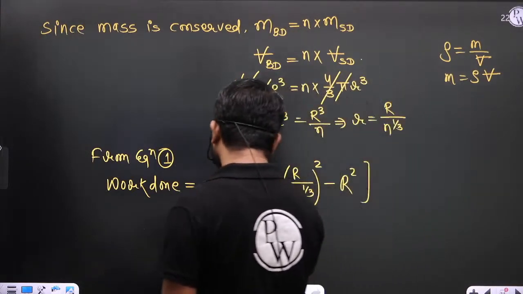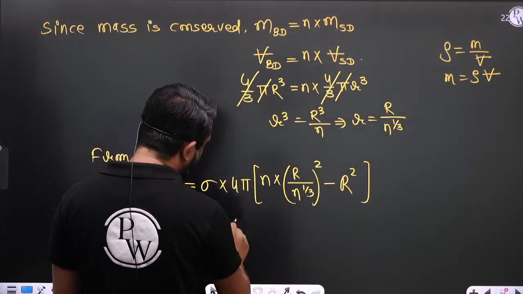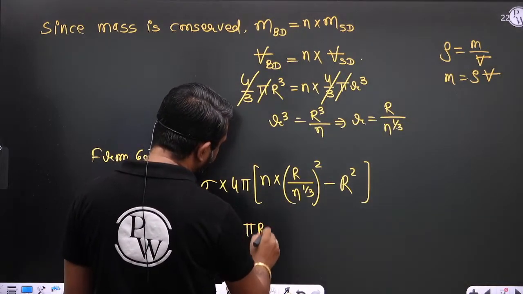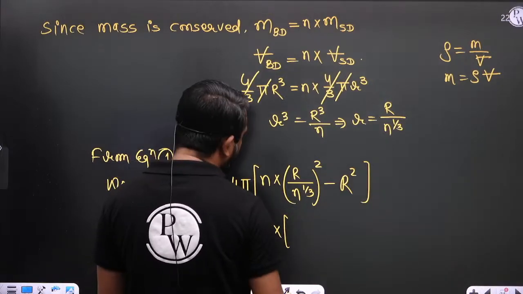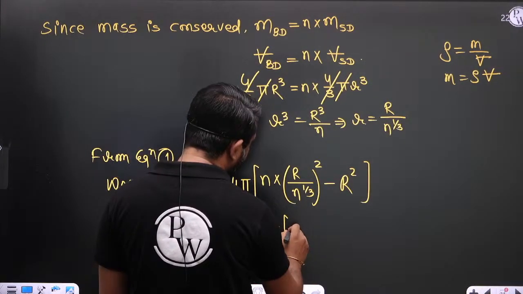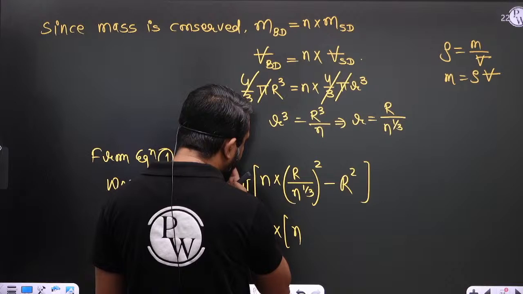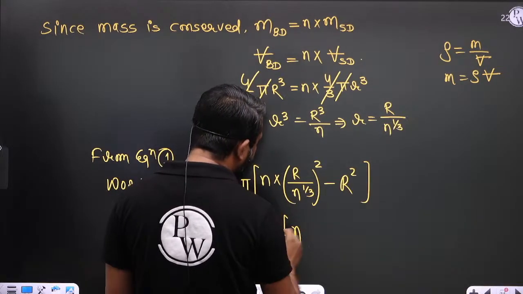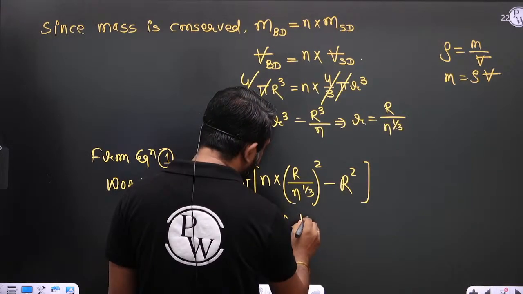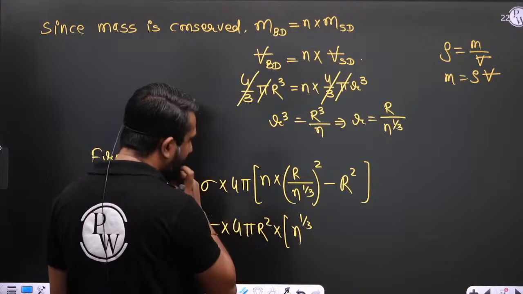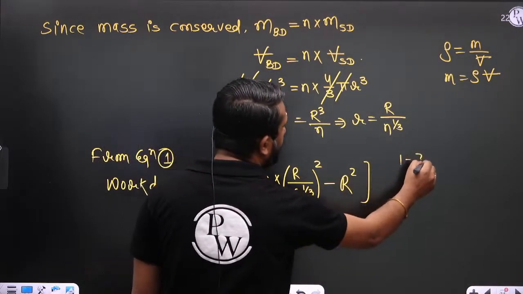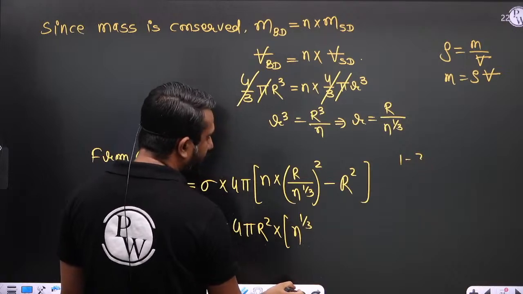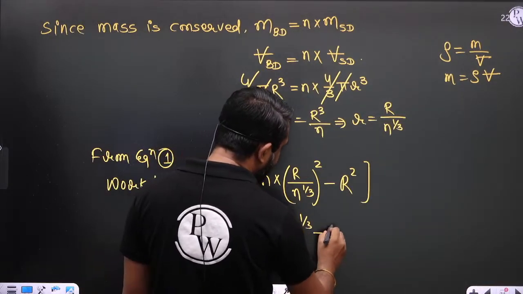Now this is sigma into 4 pi R square into n to the power 1 minus 2 by 3. So 1 minus 2 by 3 is 1 by 3. So this is n to the power 1 by 3 minus 1.